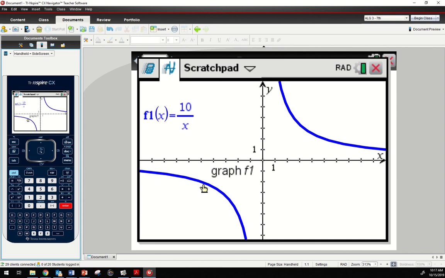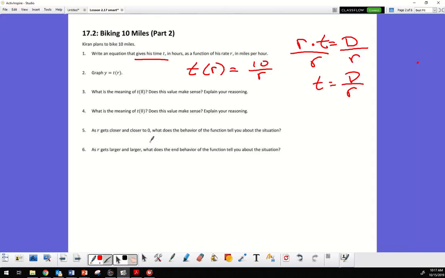All right, so there we go. So we have graphed it. Now let's go back to our page that says we're supposed to be doing something with it. What is the meaning of T of 8? What does that mean? So what variable is the 8 replacing?